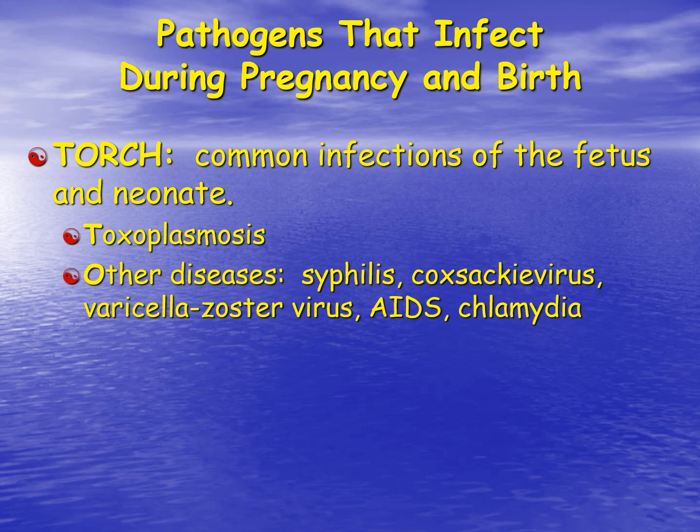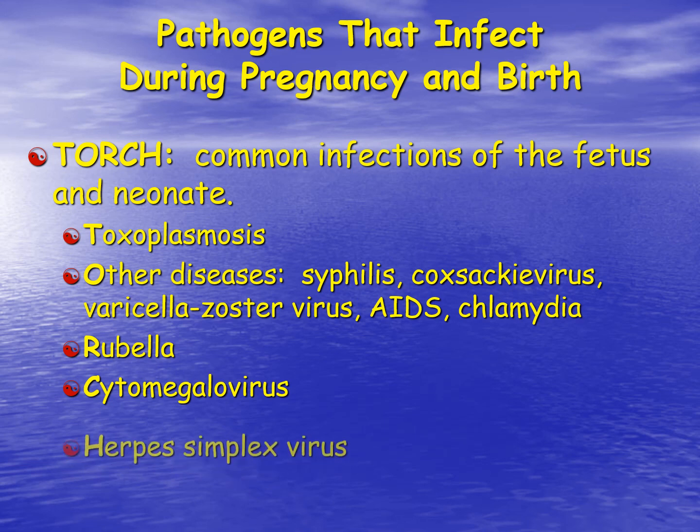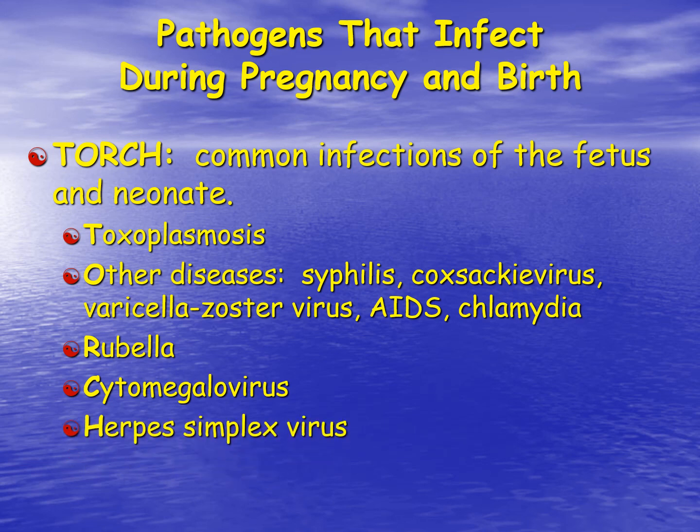O is for other diseases, and this can include syphilis, Coxsackie virus causing hand, foot, and mouth disease, varicella zoster virus responsible for chickenpox and shingles, HIV, and even chlamydia. The R is for rubella, one of the forms of measles. C is for cytomegalovirus, which is one of the herpes viruses. And then the H is for other herpes viruses, primarily herpes simplex 2.